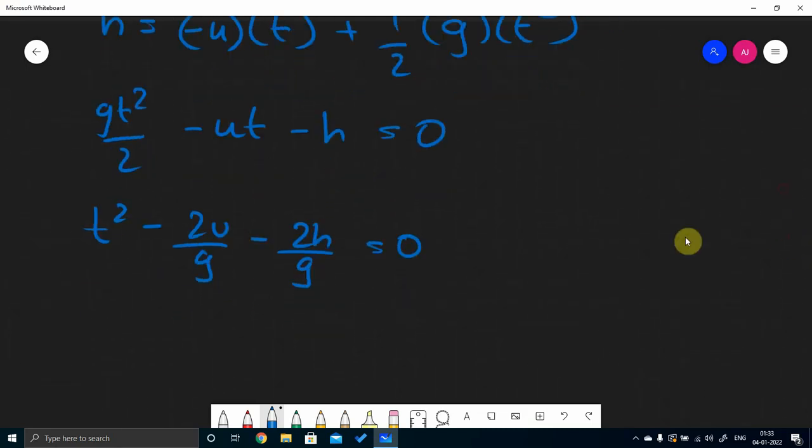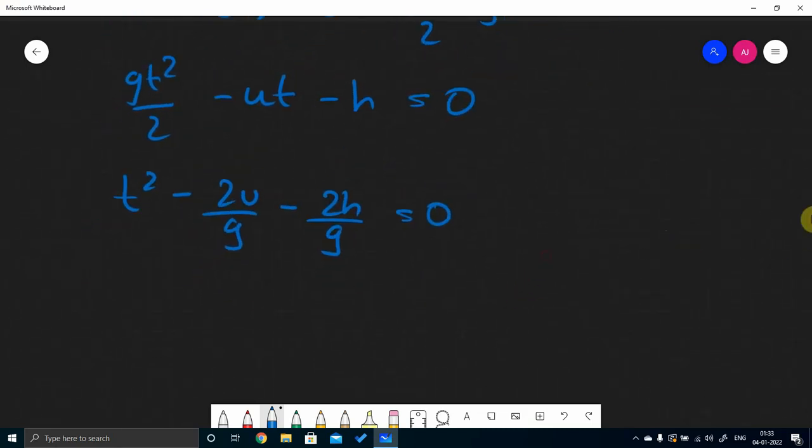Now I'm going to use the quadratic formula. So we get minus b, which is 2u by g. I forgot to put t over here. Minus b, not plus, that's a t.